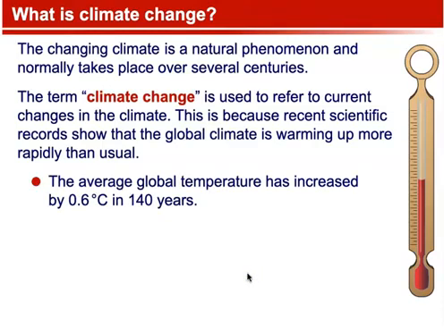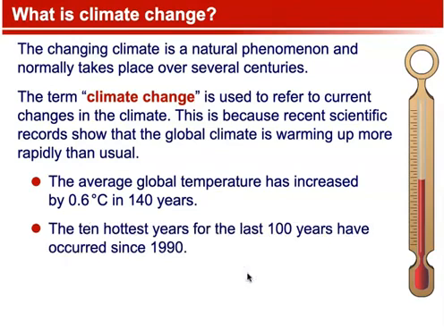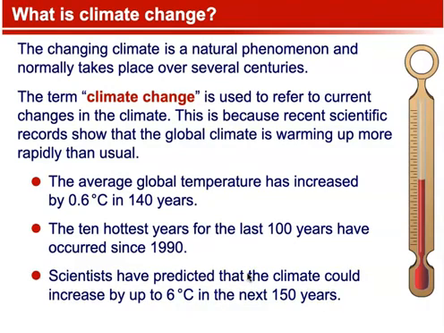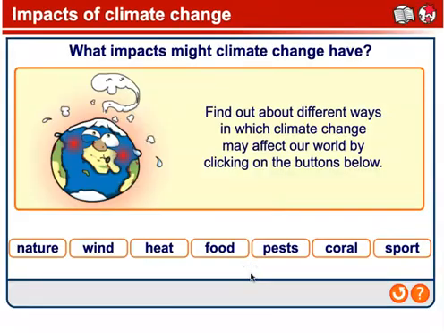The average global temperature has increased by 0.6 degrees Celsius over the last 140 years. The 10 hottest years for the last 100 years have occurred since 1990. Scientists have predicted that the climate could increase by up to 6 degrees Celsius in the next 150 years.